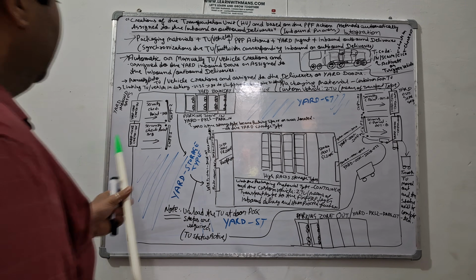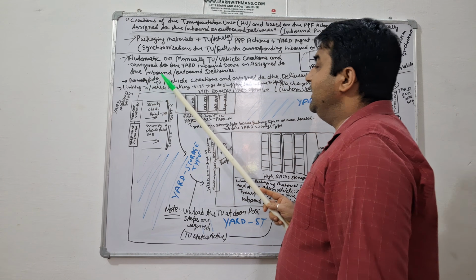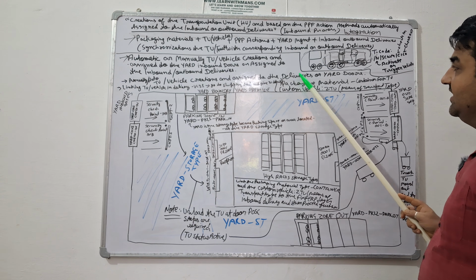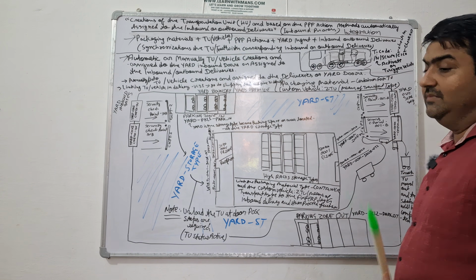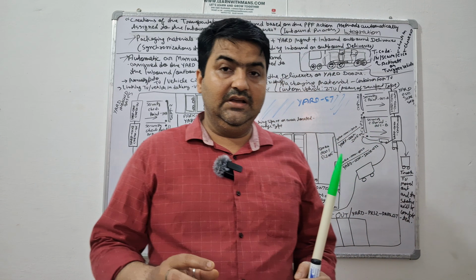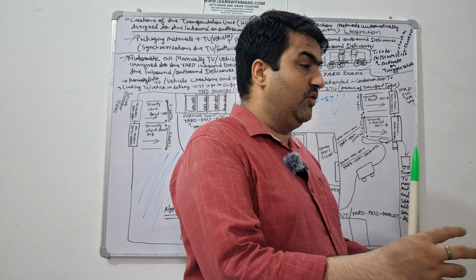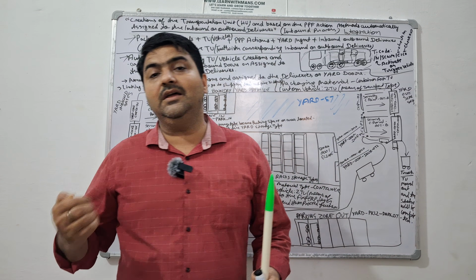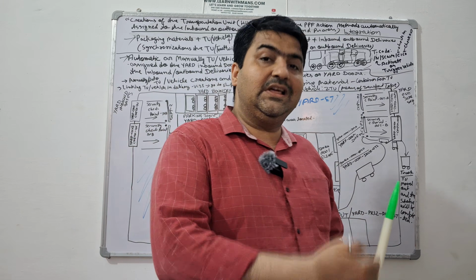Very simple. So, manual and automatic TU vehicle creation and assignment to the deliveries, because we need to tell the system this is my custom truck, my custom transportation unit, and this is my inbound or outbound delivery. We need to link them to perform the inbound process through that truck.